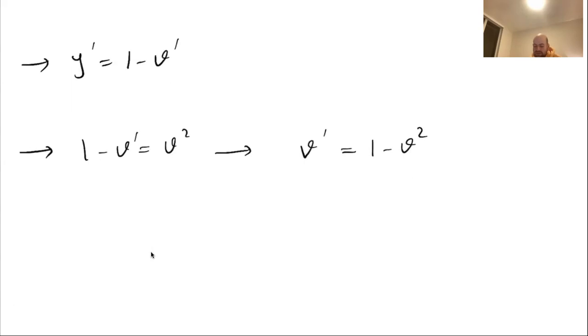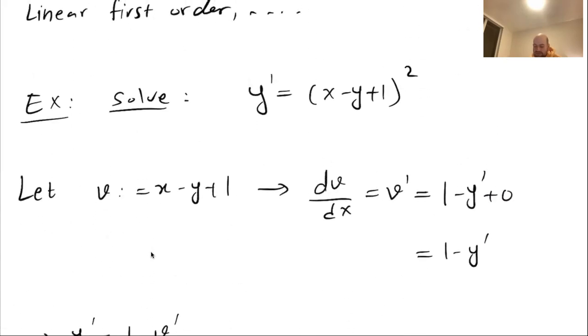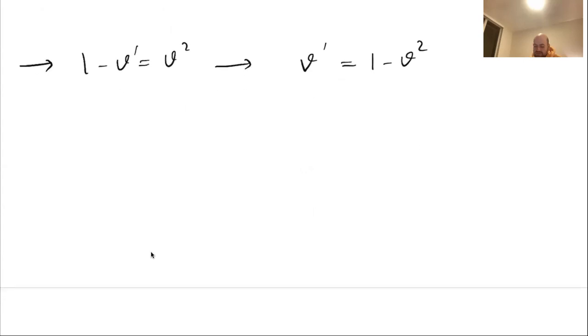See, this is now separable. Originally, it was not separable, but now it's separable. I have all v's on one side and all x's on the other side. So now we have a separable equation.